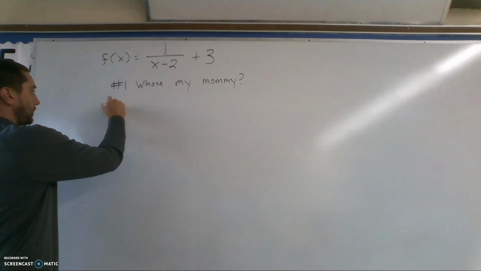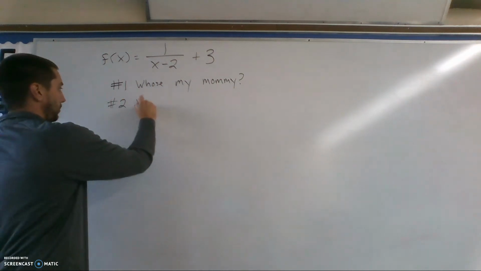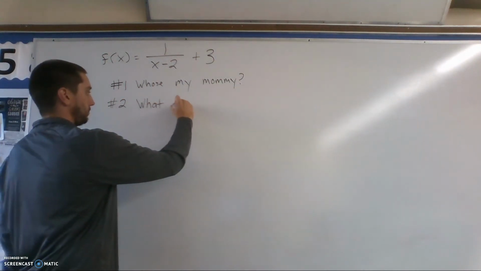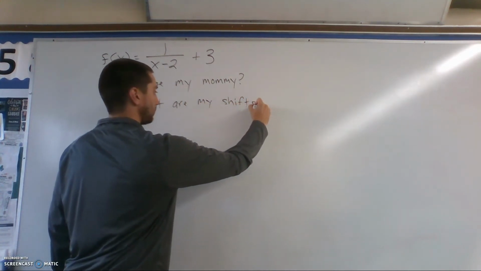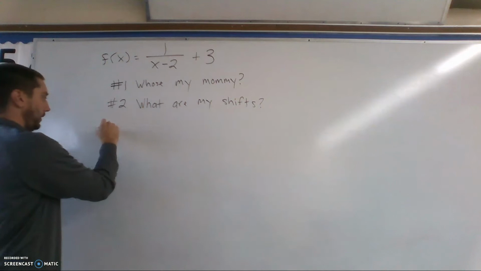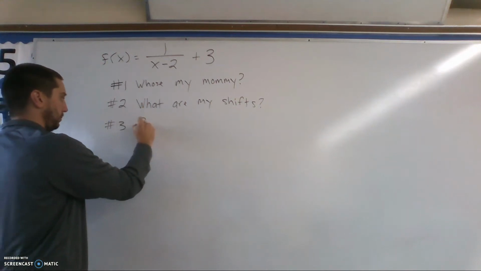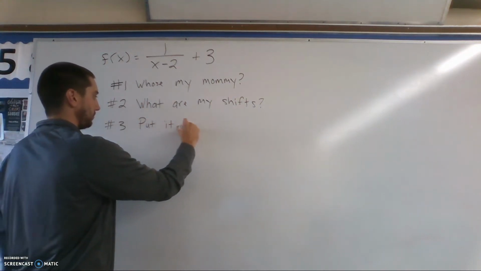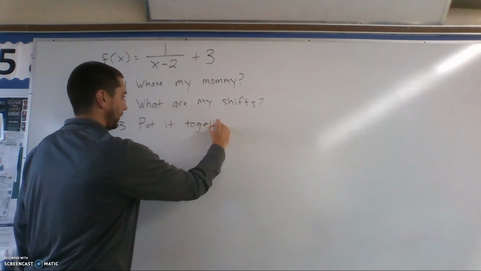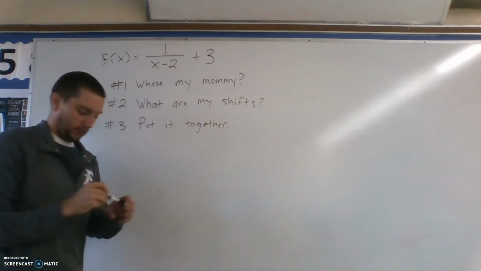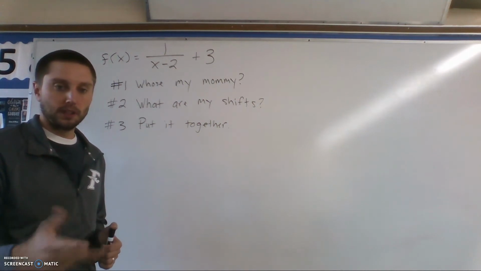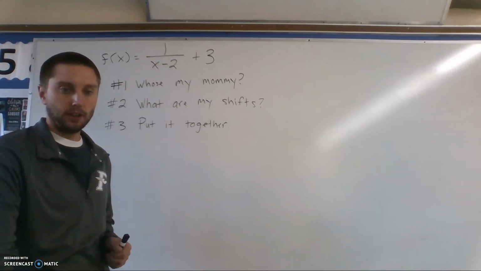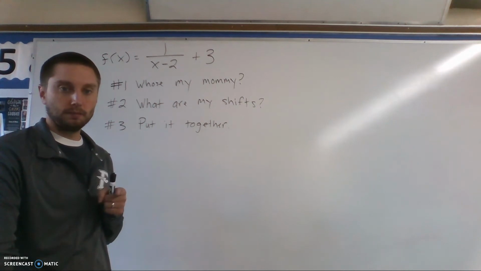Second thing, what are my shifts? And then the third thing is put both of those together. Okay? So see what you got. See if you can figure out who's the parent function, what are the shifts that are taking place, and then put those things together and pause.